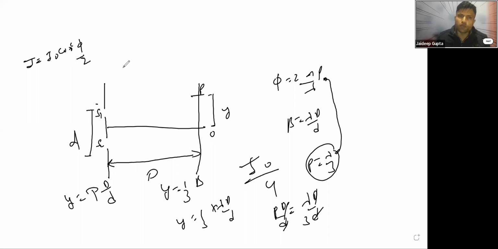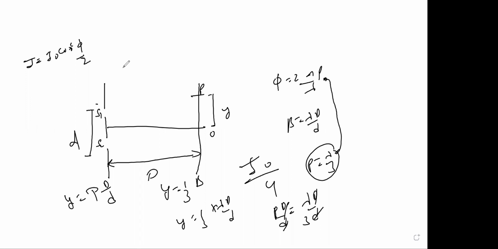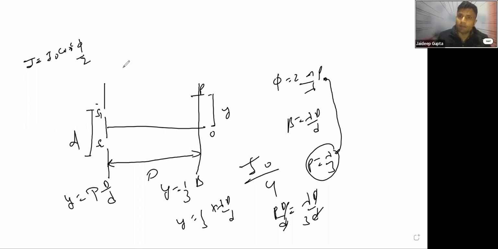Then I equals I naught cos square pi by 3. Finally got the answer.